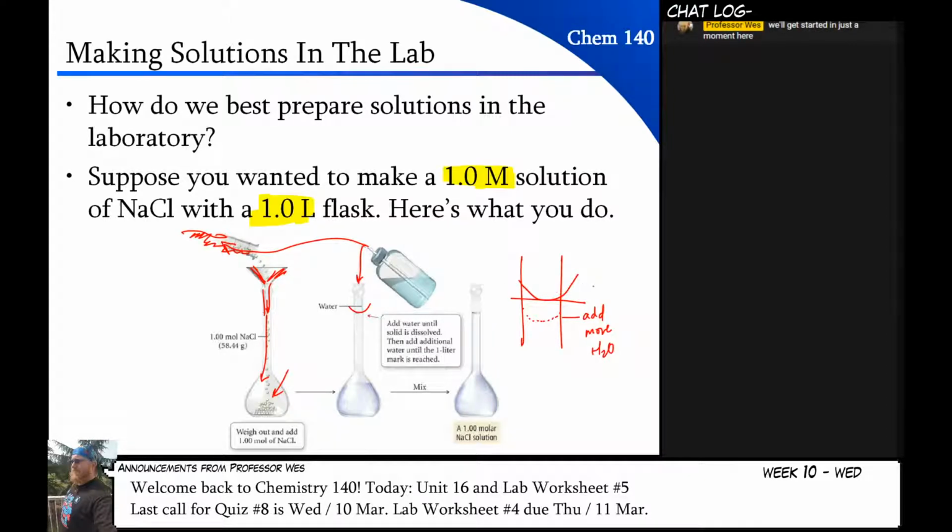There we go. Your meniscus, that's what this curved line is called, this is the meniscus. The meniscus should touch the top of the line. If you do that, you will have 1 liter. That is how the solution has been calibrated.